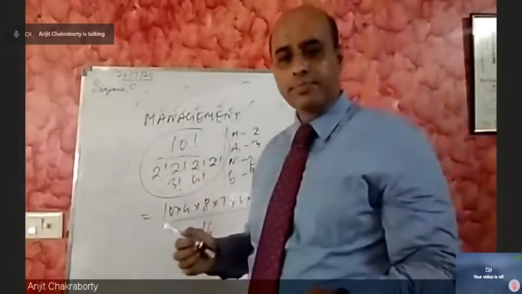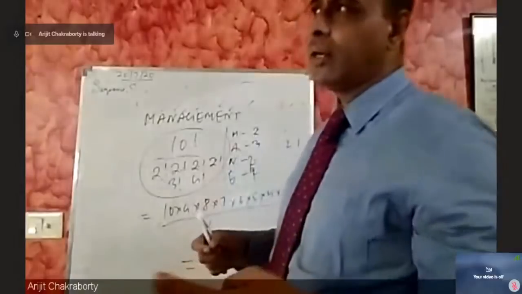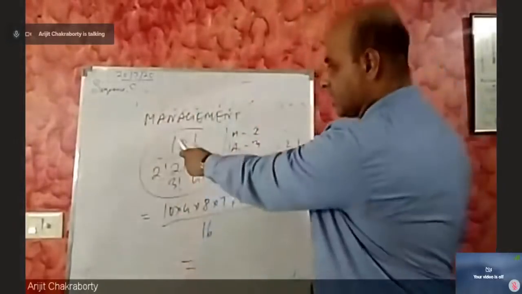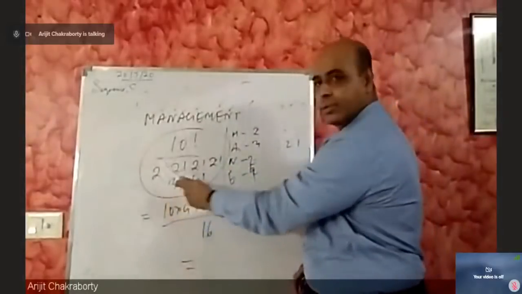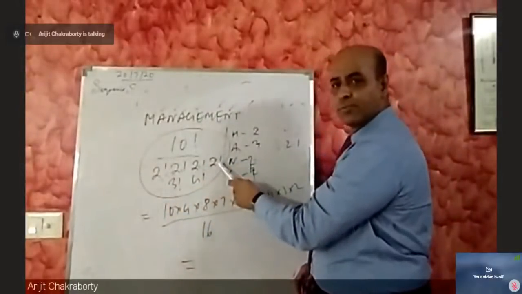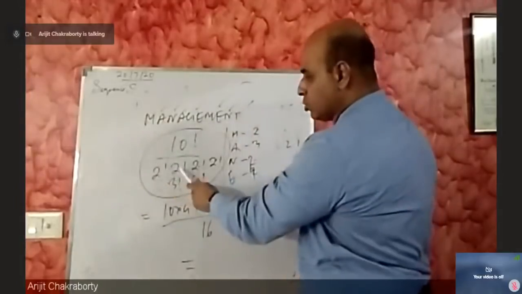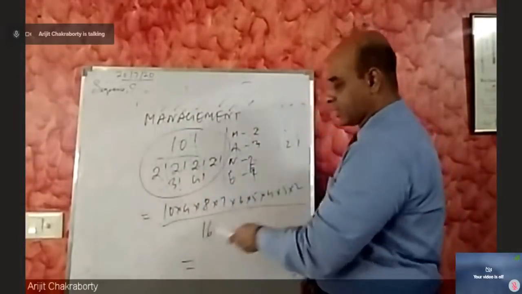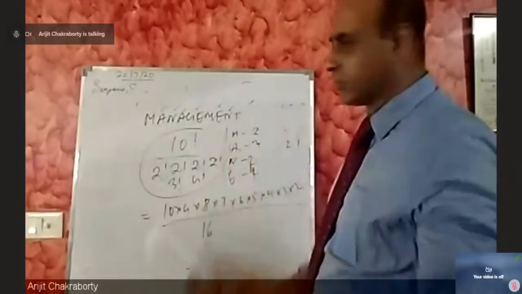So this is the way: 10 factorial divided by 2 factorial into 2 factorial into 2 factorial into 2 factorial. 2, 2, 2, 2 will be 16. So 10 factorial by 16, whatever the value, just use a calculator.